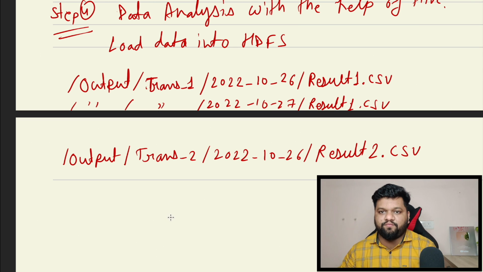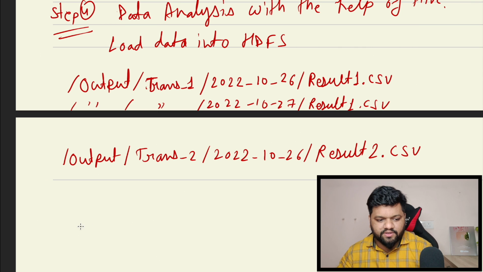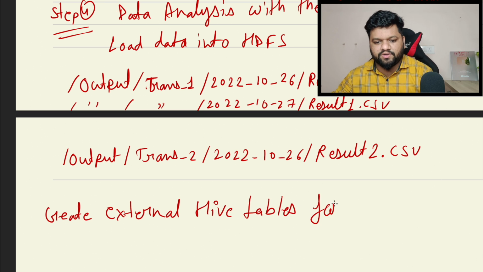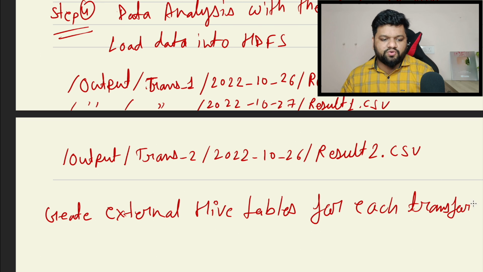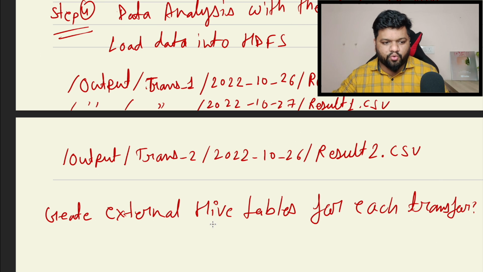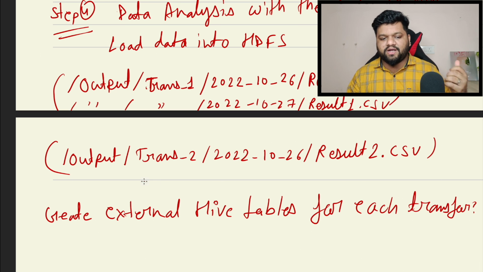So in this step 4, you need to create external Hive tables for each transformation, so that you can analyze the whole section related to transformation 1, a second table for transformation 2, and a third table for transformation 3.